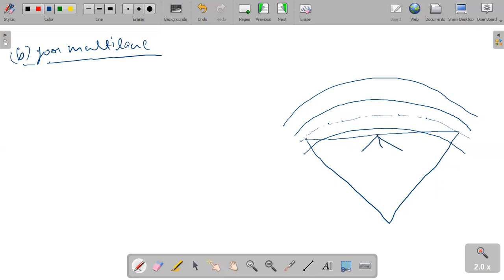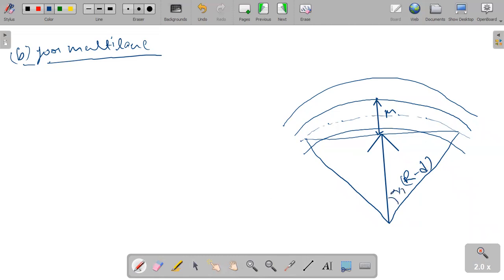Here, and this is our setback distance. Here it is R minus d.